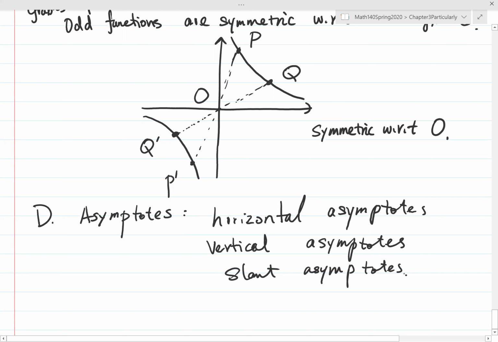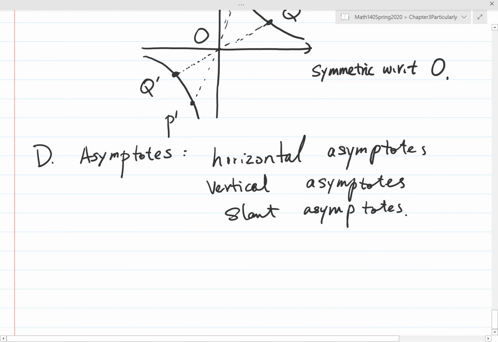I.e., we need to find whether we have this kind of limit as x approaches some value.